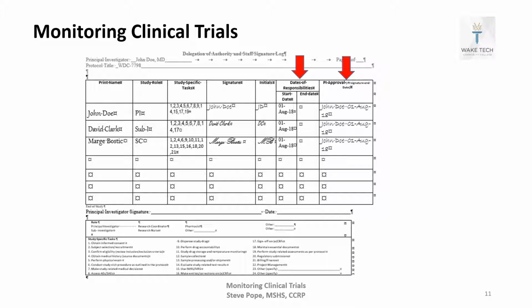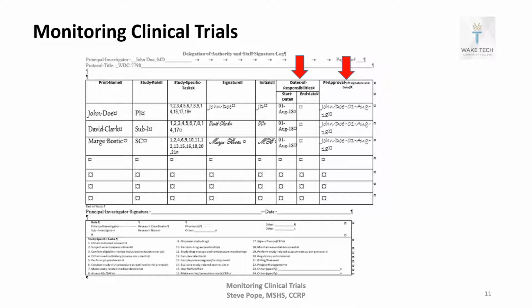We also want to see in the final column there, the principal investigator is going to sign that column along with the date, verifying the start date, the date that they have delegated that task. We want these dates to be hopefully the same day.